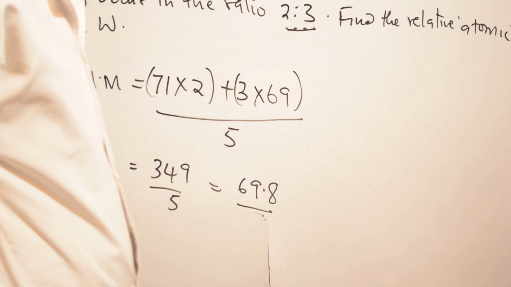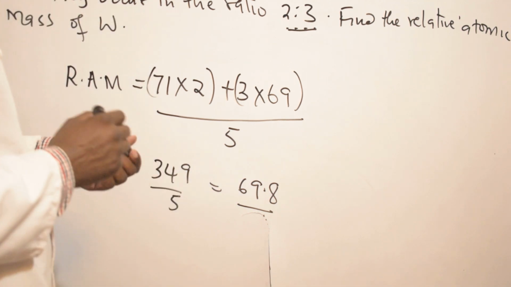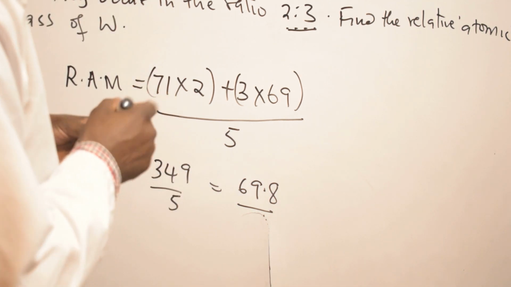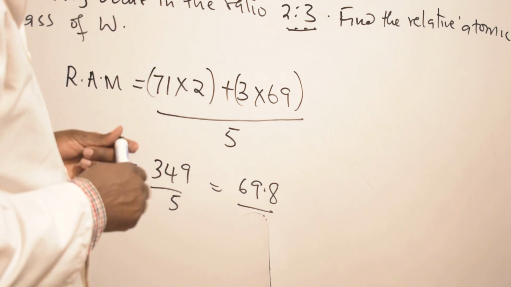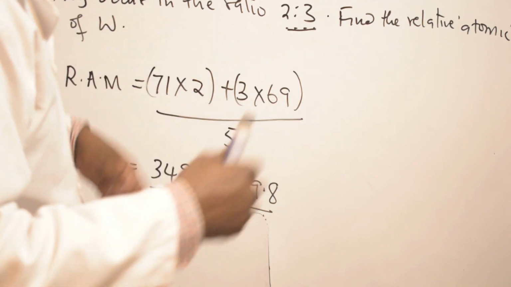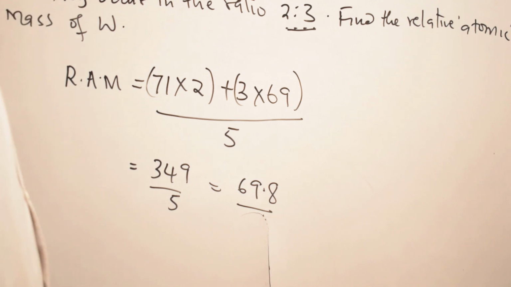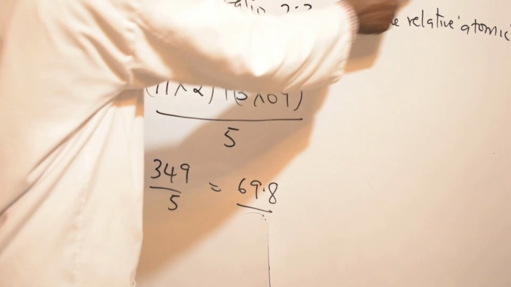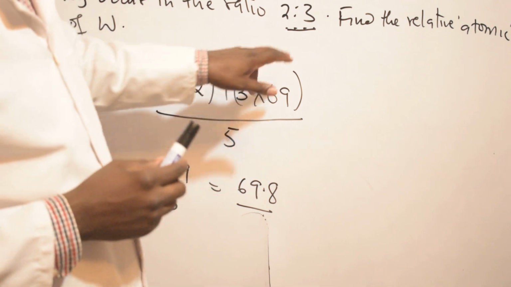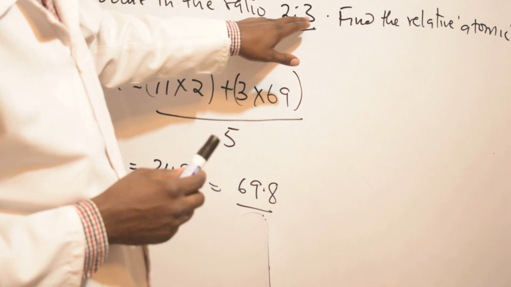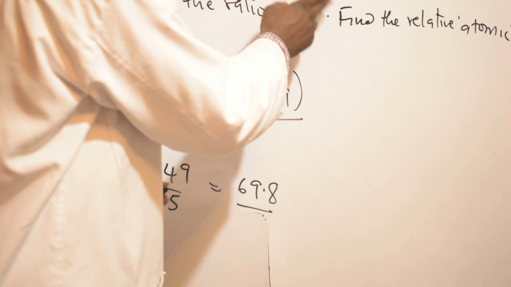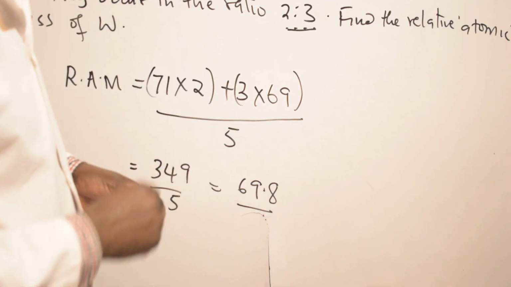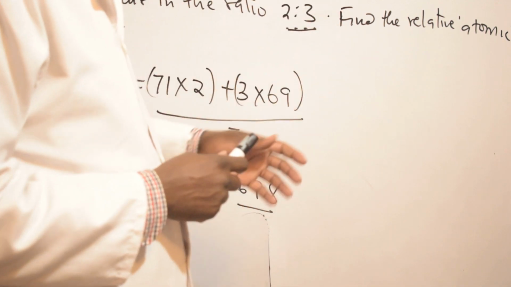Now, one thing that I can mention about the relative atomic mass of elements with more than one isotope is this. If you convert the ratio to a percentage, the 3 will be 3 over 5 times 100, that's 60%.